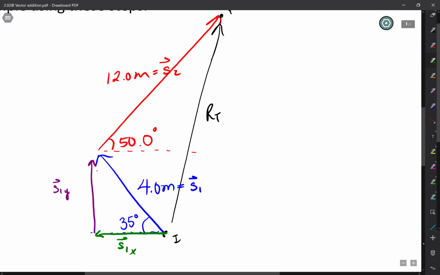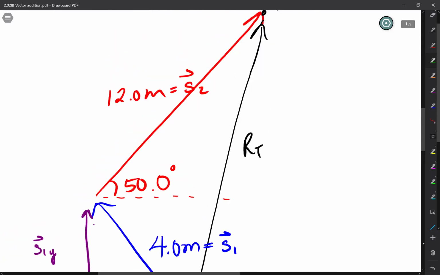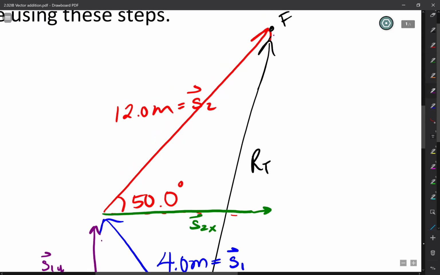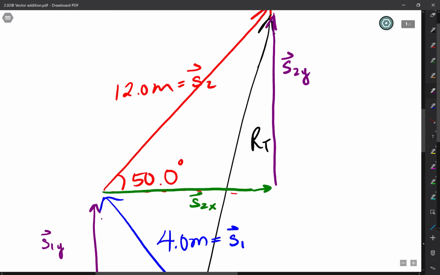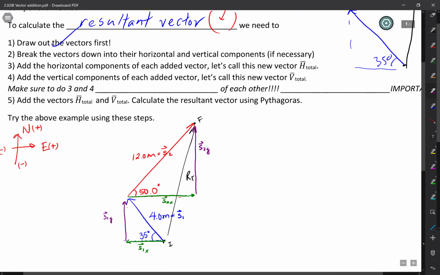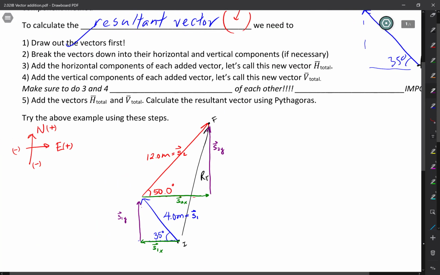Notice that for green, I'm labeling my horizontal components with green and my vertical components with purple. With my second vector, S2, I have my X component, which I'm going to call S2X, and my Y component here, S2Y. Here I have broken down my 2 vectors into their components.